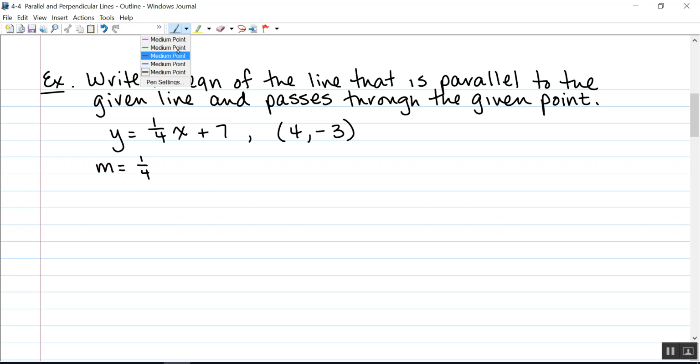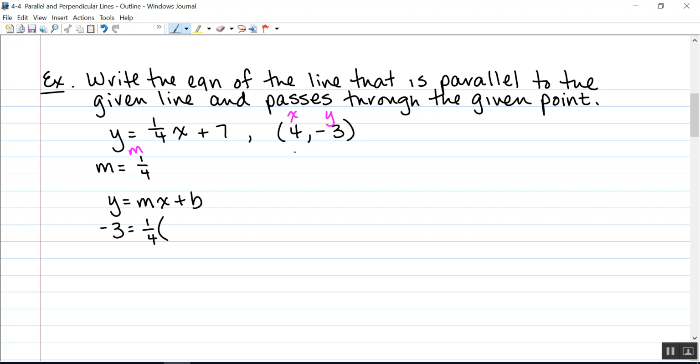And I don't know the y-intercept of the line I'm looking for, but I do know that this is an x-coordinate of a point on the line, and this is the y-coordinate of a point on the line, and here's my slope. So I'm going to use that to find b. Starting with y equals mx plus b, I know that the y of a point on the line is -3. I know the slope of the line is 1/4.